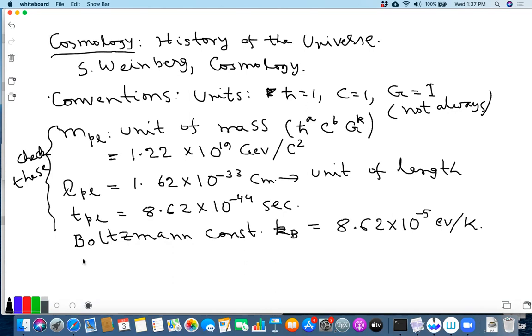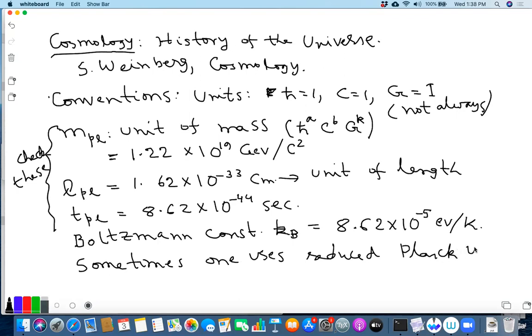Now, there is also another set of units that sometimes one uses, the reduced Planck units. There we set h bar equal to 1, c equal to 1, and 8 pi G equal to 1.